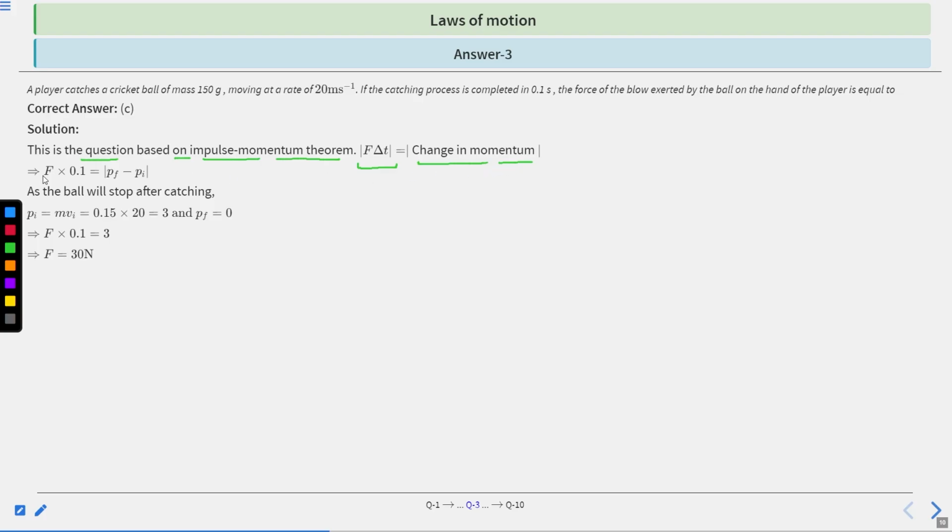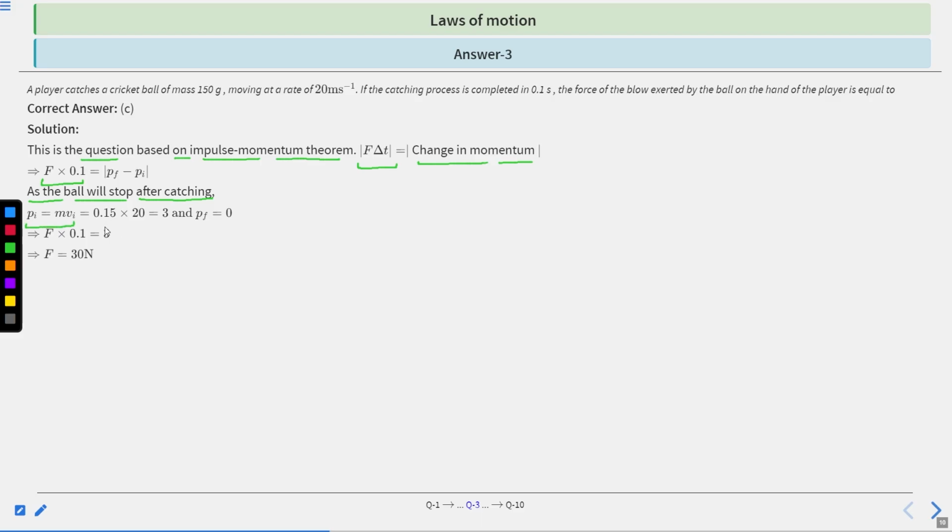It is equal to F into time, which is 0.1 second. So the change in momentum is the magnitude of final momentum minus initial momentum. As the ball will stop after catching, the initial momentum is mass into initial velocity.